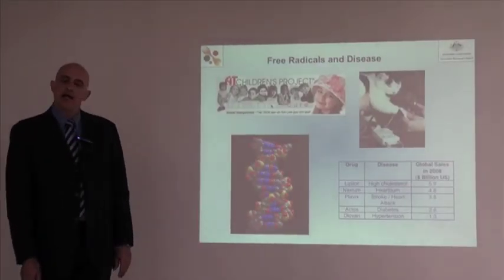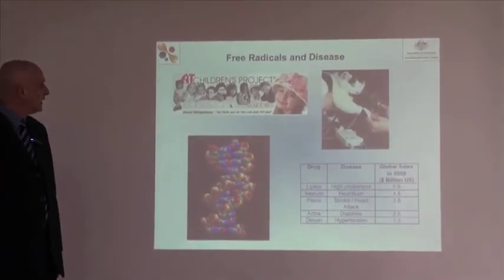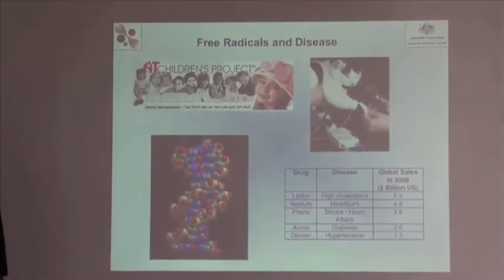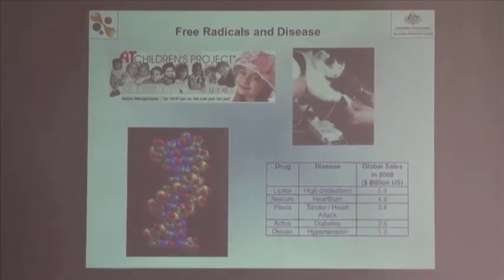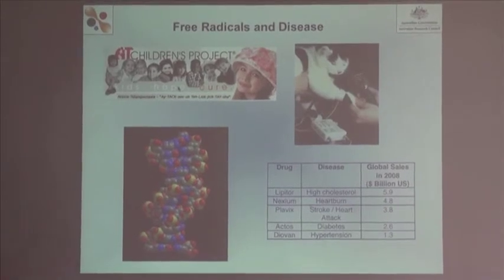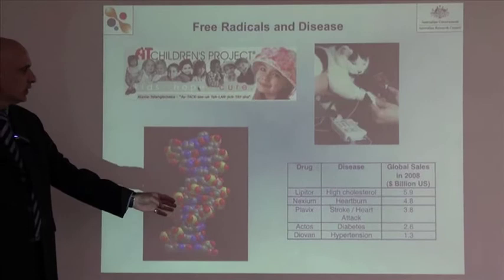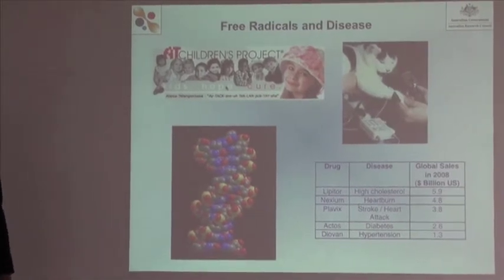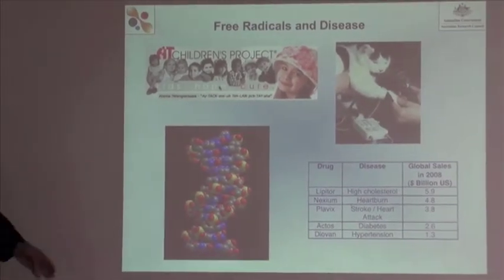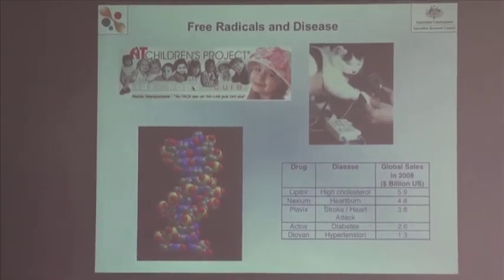So free radicals are caught up in a whole bunch of diseases. There are a number of important diseases that have free radicals associated with them, but I want you to focus for just a moment on some of the top-selling drugs in US dollars, global sales in 2008, and what they are there for. So the top-selling drug is Lipitor, and that's a drug for high cholesterol.